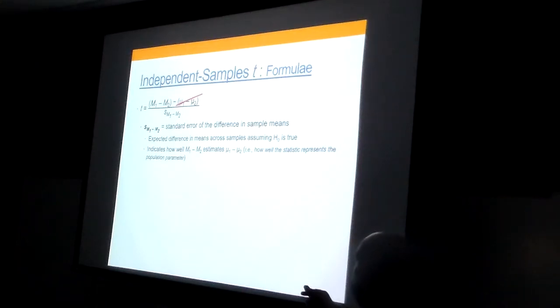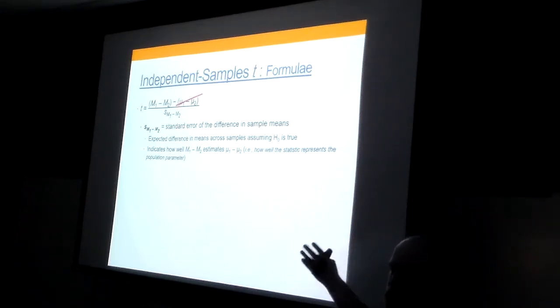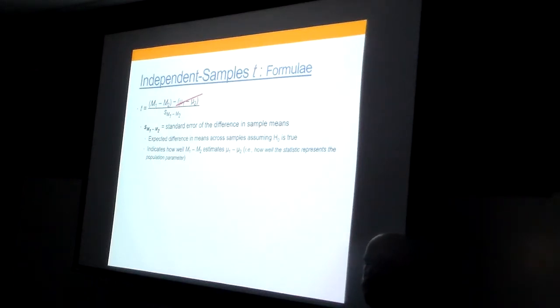And our standard error of the difference in sample means is going to tell us, with replication over an infinite number of trials, if we were to randomly draw samples of a given size from population 1 and population 2 and calculate the difference between those two, how much would we expect those to jump around just based on sampling, okay?